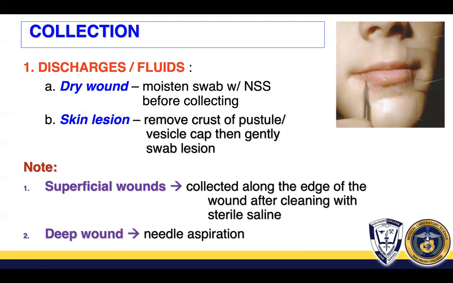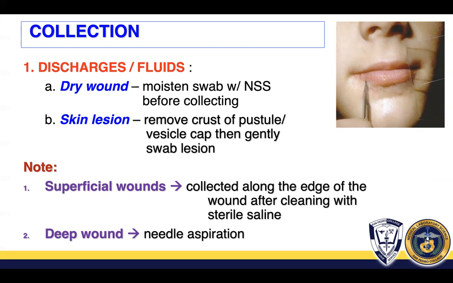So for collection methods, for discharges, we have for wound and skin lesions, for dry wounds, remember to moisten the swab. You can use NSS before collecting. Now for skin lesions like those in herpes, okay, you can remove the crust of the pustule or the vesicle and then gently swab the lesion.